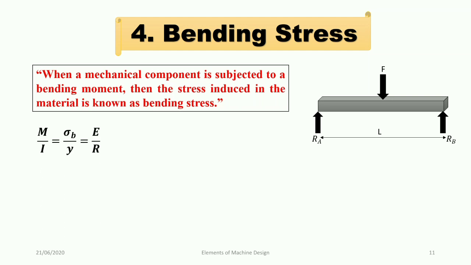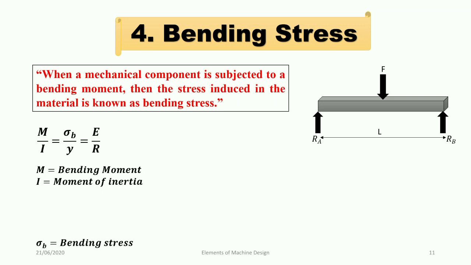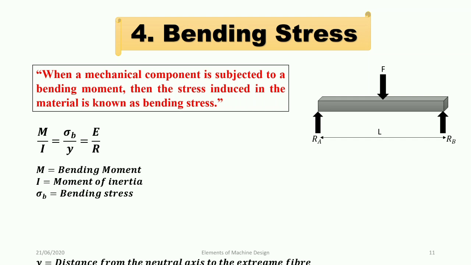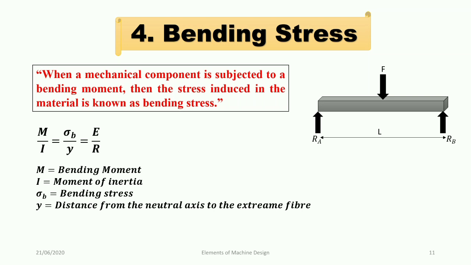We know the flexural formula or bending equation: M divided by I is equal to sigma b divided by y is equal to E divided by R, where M is the bending moment, I is the moment of inertia, sigma b is our bending stress, y is the distance from the neutral axis to the extreme fiber, E is the modulus of elasticity or Young's modulus, and R is the radius of curvature.